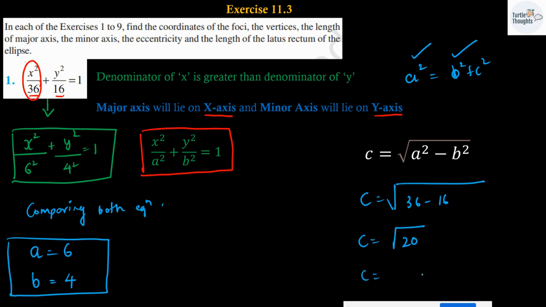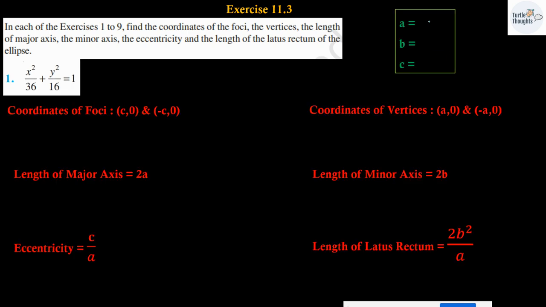Root 20 further can be written as 2 root 5. I have found the values of a, b and c. I'll make a note: a is 6, b is 4, and c is 2 root 5.